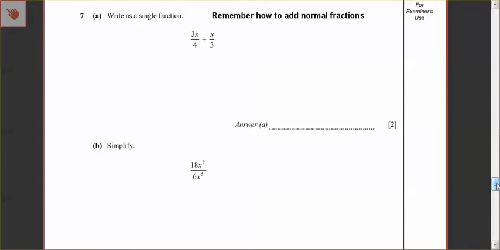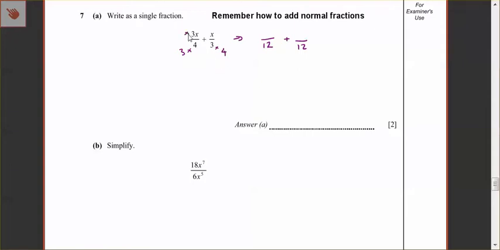Right, remember how to add normal fractions. What do you need to do when you add normal fractions? Find a common denominator. Yeah, common denominator, which would be 12 and 12. So how do I get 12 here? 4 times 3, and this one 3 times 4.